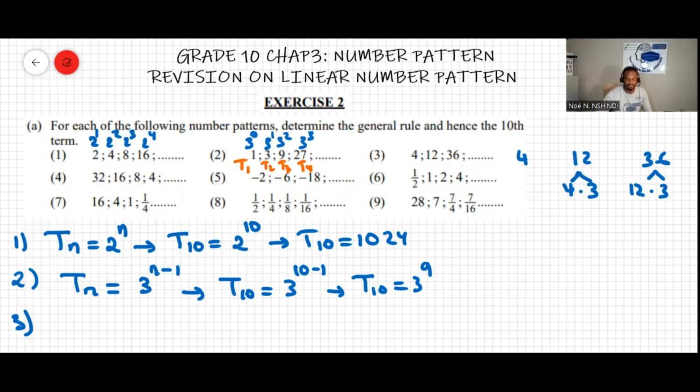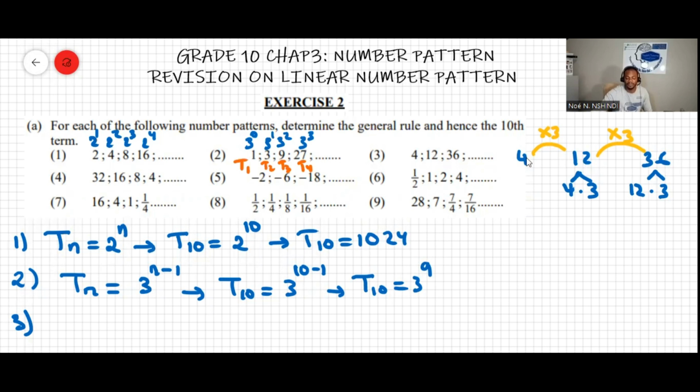Because we times by 3 all the time, from 4 to 12 and from 12 to 36, I prefer to break it up into a form like 3 times 3.